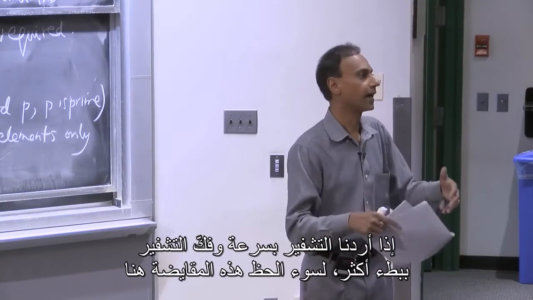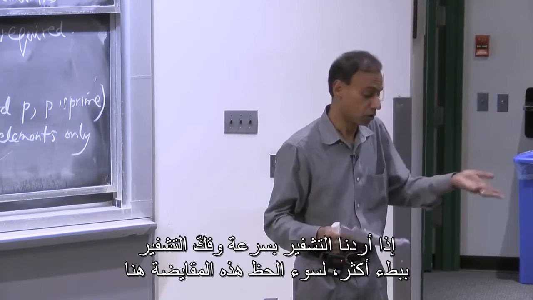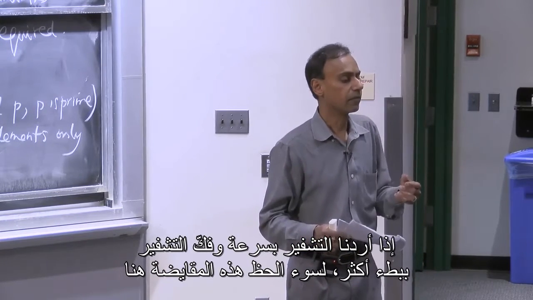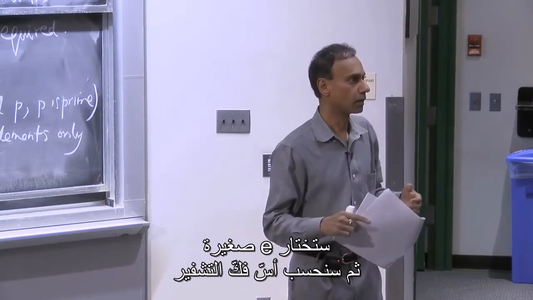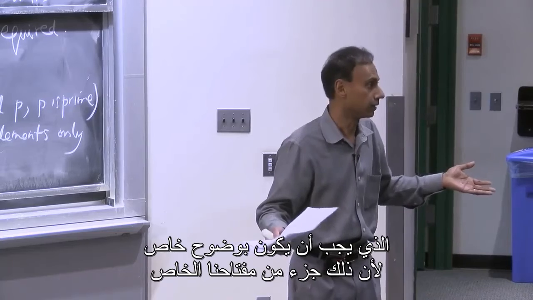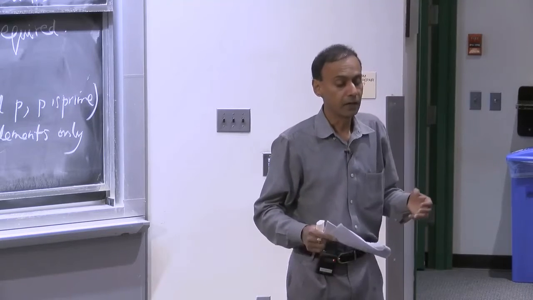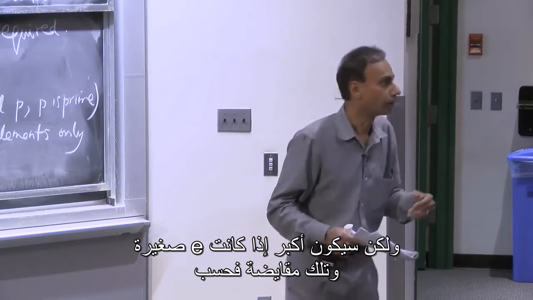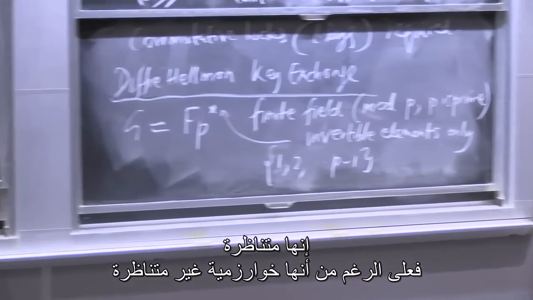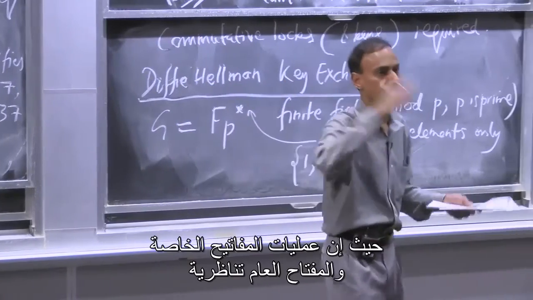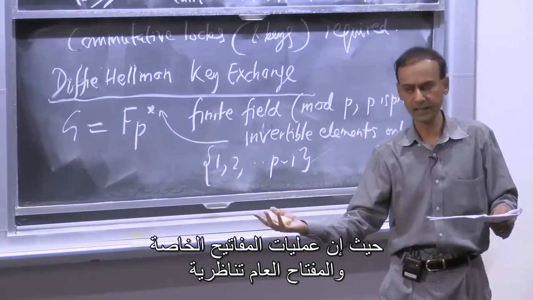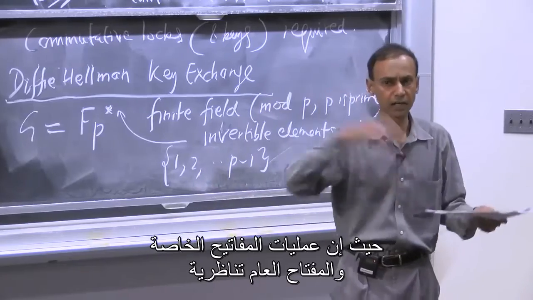So if you want to encrypt fast and decrypt more slowly, unfortunately, that's the trade-off here. You would pick a small E, and then we're going to compute our decryption exponent, which obviously is going to have to be private, because that's part of our private key. But that's going to be bigger if E is small, and that's just a trade-off. While it's an asymmetric algorithm, it's kind of symmetric in the mathematical sense that the private key and the public key operations are symmetric.